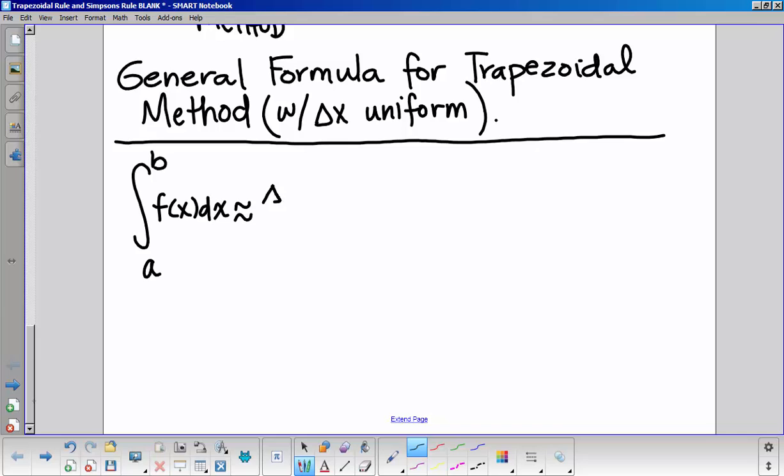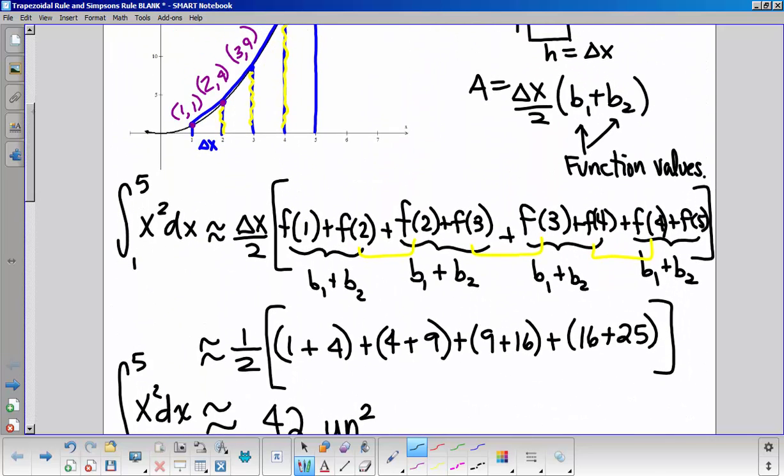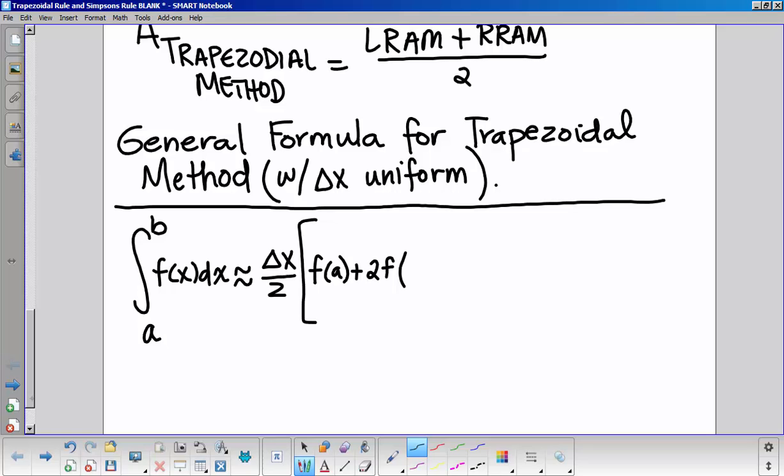So this will be delta x over 2 times, now we're starting at A, so the first base will be f of A plus 2 times f of A plus, how do you get to the next point? Delta x gets us the next point. So this is going to be 2 f of A plus delta x.